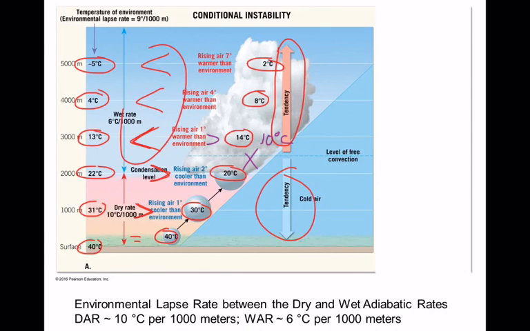And if there was no condensation at 4 kilometers, it would cool to 0, and it would still be cooler. So to me, conditional instability not only needs the lapse rate to be between these two, but it also needs some moisture to kick in at some point. That's what I think.